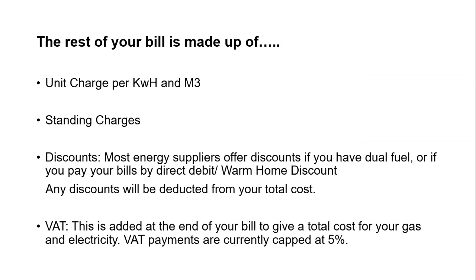The rest of your bill should be made up of your unit charge per kilowatt hour for electricity. So check again that you've got your unit charge on it. Your standing charge is the daily charge that you pay every day to the energy provider for providing you with electricity and gas. When you sign up to an energy company, they should give you a breakdown of how much they're going to charge you for unit charge and standing charge.